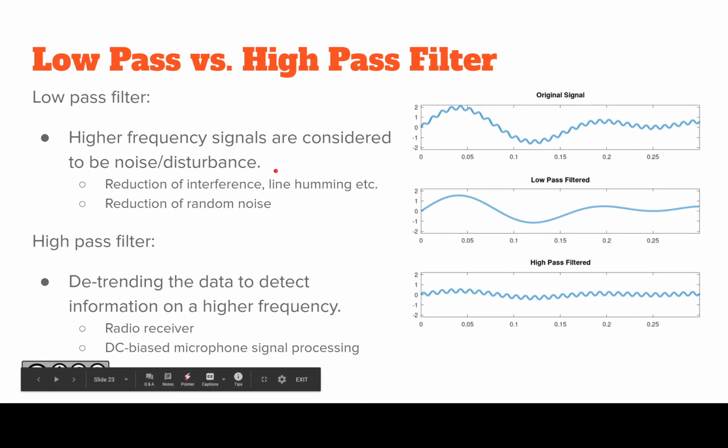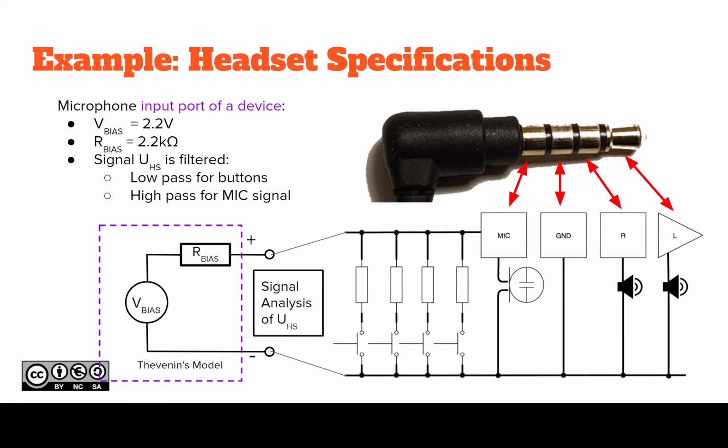Okay, so low pass, high pass, this is pretty straightforward. Low pass filter passes the lower frequencies and high pass passes the higher frequencies. And I have the headset specifications right here.